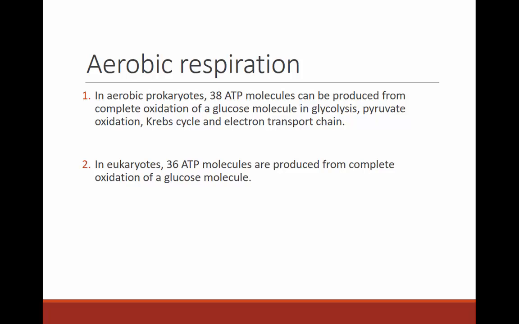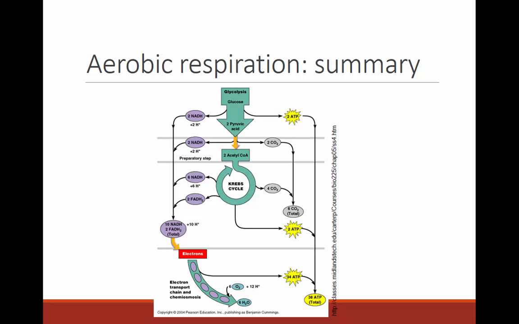Okay, so if you go through all of the steps and count them up, you'll have 38 ATP molecules being produced in prokaryotes. But in eukaryotes, it's not as efficient. You only get 36 ATP molecules being produced from one glucose molecule. And you can imagine how many glucose molecules there are in your body from one mouthful of carbohydrates. So we've got a lot of cells and they all need energy, and that's what's happening.